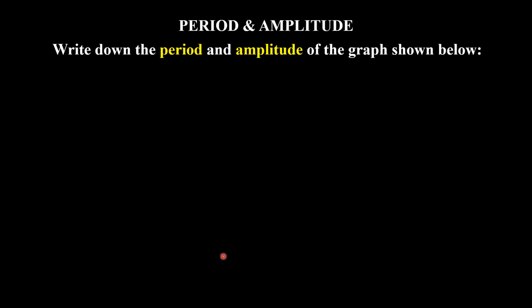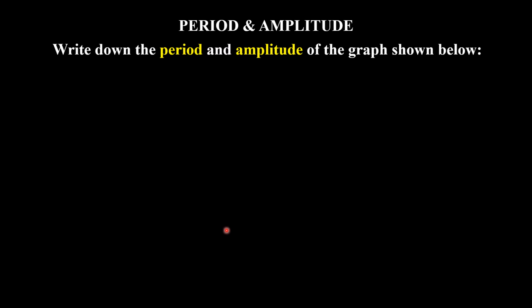Now we discuss period and amplitude. In the previous video, we learned how to write the period and amplitude when the function is available: 2 sine x, or sine 2x, or sine half x.